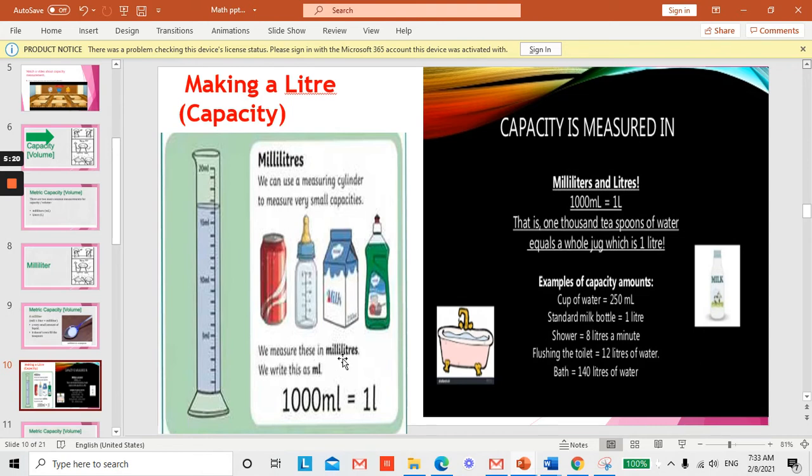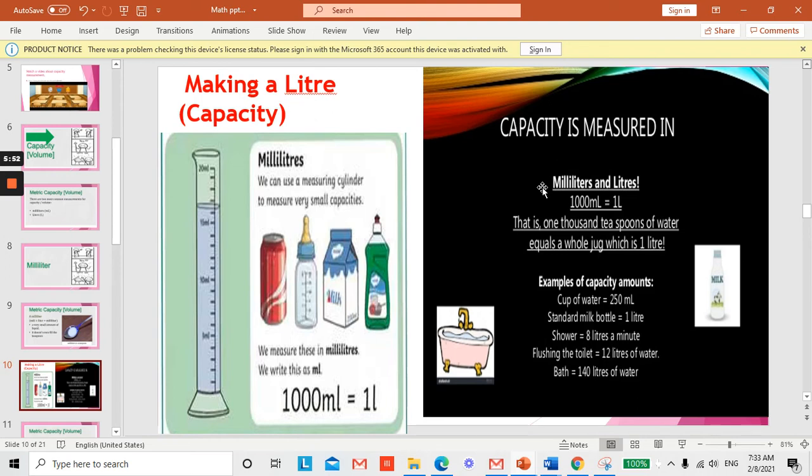The liquid inside these we measure in milliliters. We write milliliters as ml, and 1,000 milliliters is equal to 1 liter.